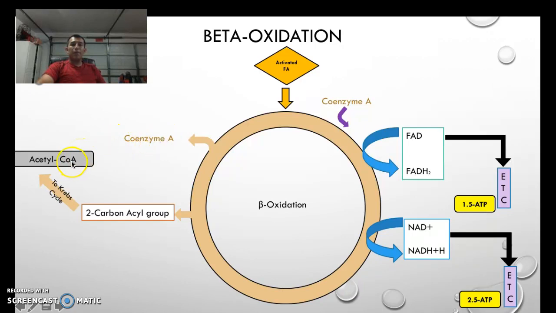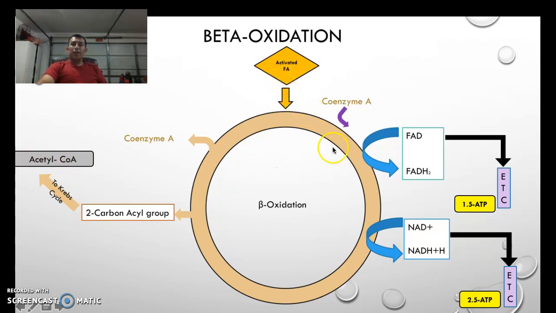And coenzyme A here, again, this is where it goes, boom, binds, and gets sent to the Krebs cycle. 7 times it goes. The acetyl-CoA goes through it, sorry, 8 times. However, it gives 10 ATP.